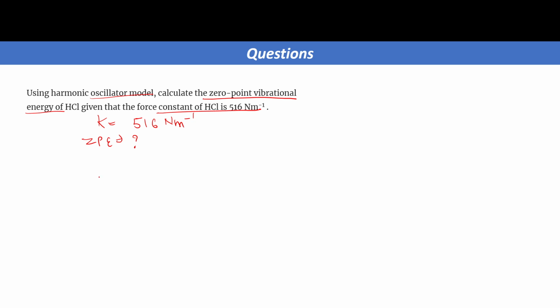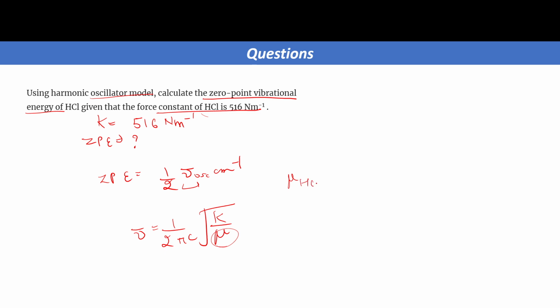So we know that zero-point energy is equal to half of ν̃ in centimeter inverse. So for this we should know the value of this wave number, and for that we have to calculate for HCl. Before that we will calculate the value of reduced mass for HCl.